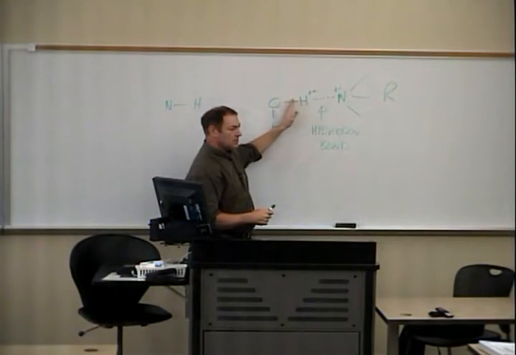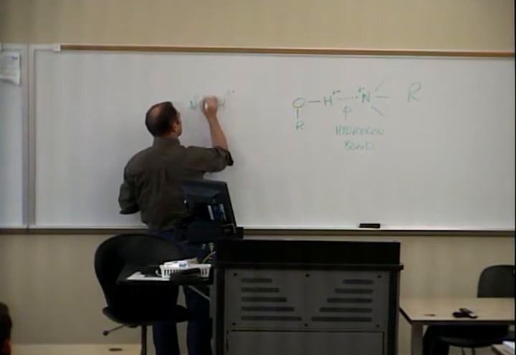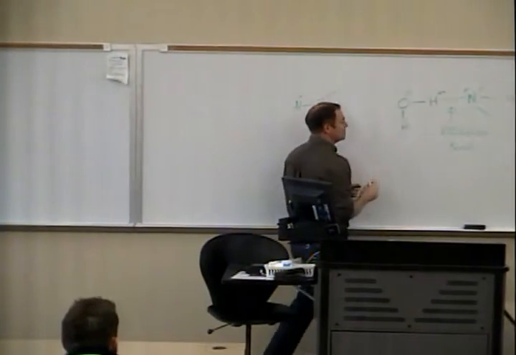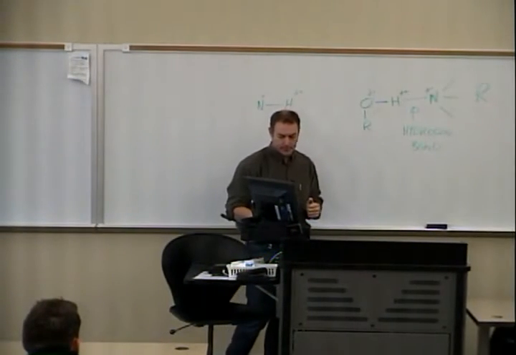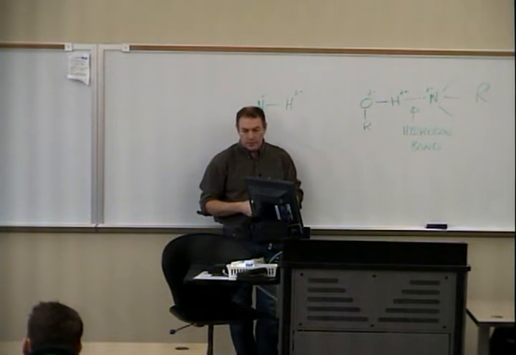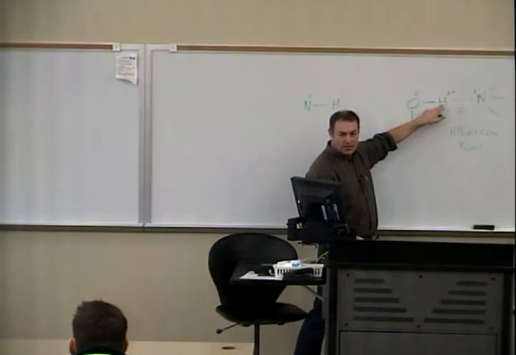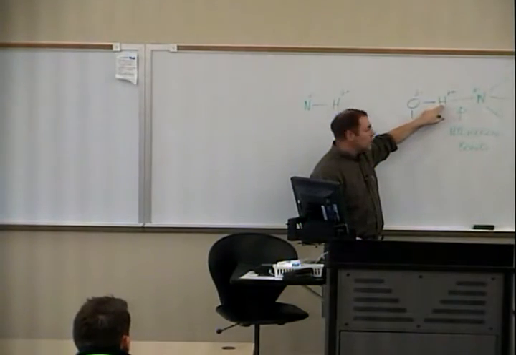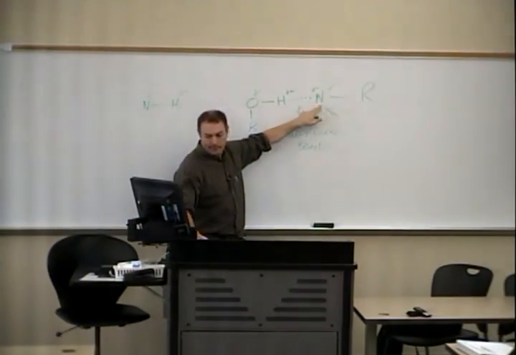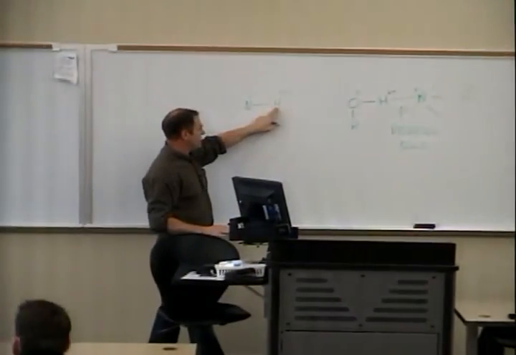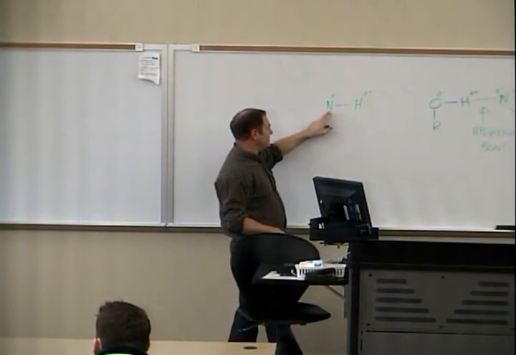We're going to have a slightly positive side by the hydrogen and a slightly negative side by the nitrogen or the oxygen. So the negative side can be attracted to another molecule. And in this case, the positive side can be attracted to the negative side of another molecule, or this negative side can be attracted to the positive side of another molecule.